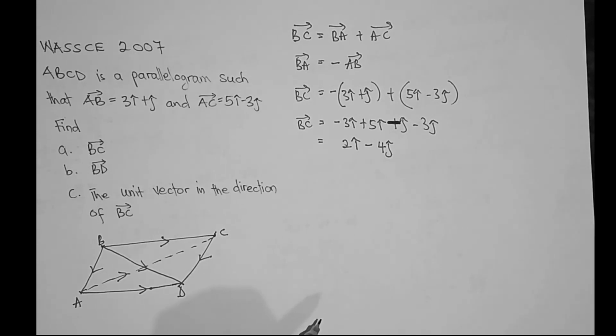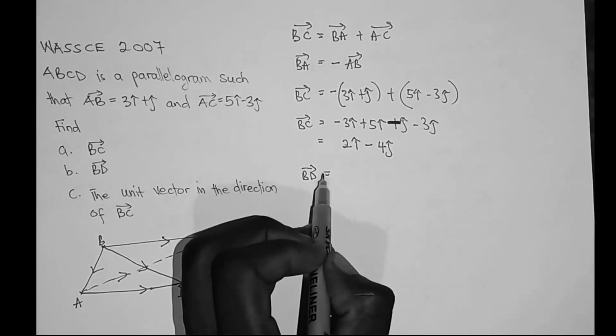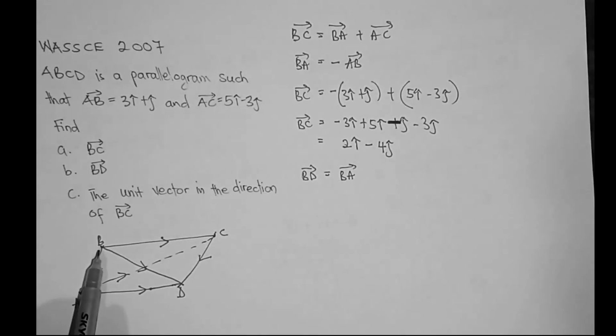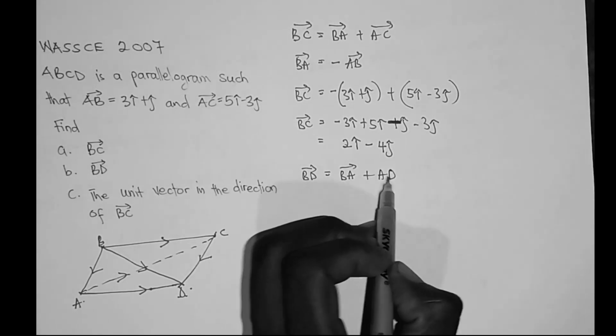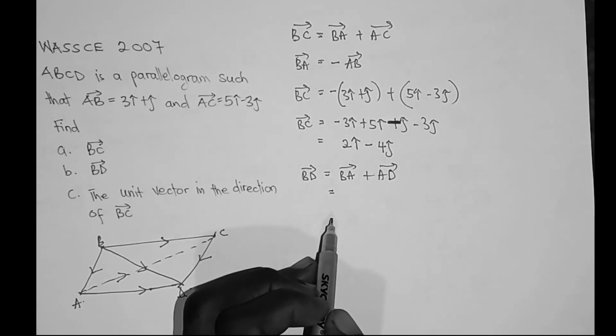Now let's find BD. Vector BD is BA plus AD. So what is the vector BA?